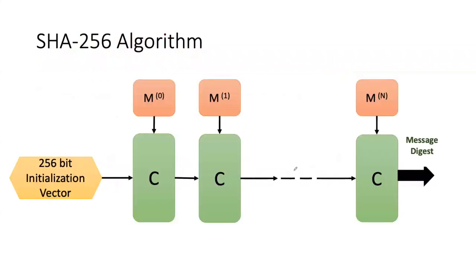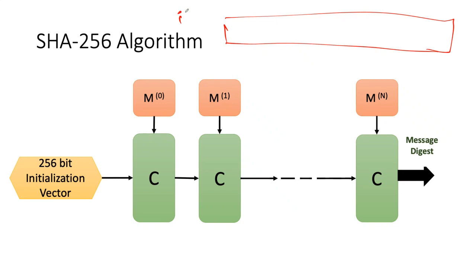Here, if we look at it in an abstract way, there will be a message which we take as the input message. This input message is divided into blocks, like the m to the power of 0 block, the m to the power of 1 block, and so up to the m to the power of n block.